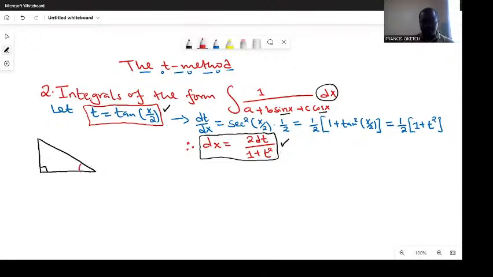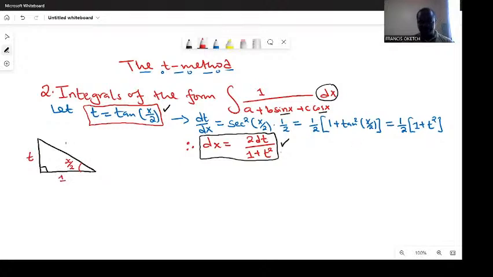Our angle is x over 2. We put it there. So remember, tan x over 2 is equal to t. t can be written as t over 1, so that we know the opposite and adjacent, because tan is opposite over adjacent. So the opposite will be t, adjacent is 1.